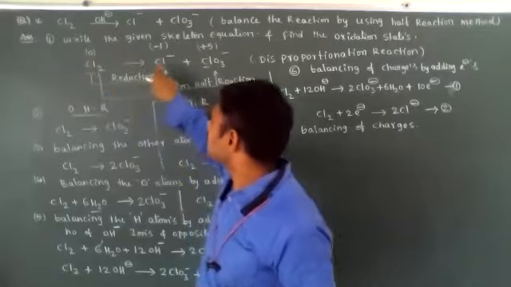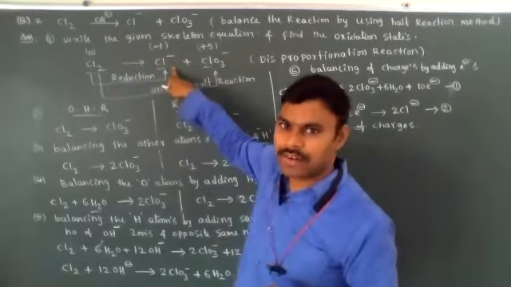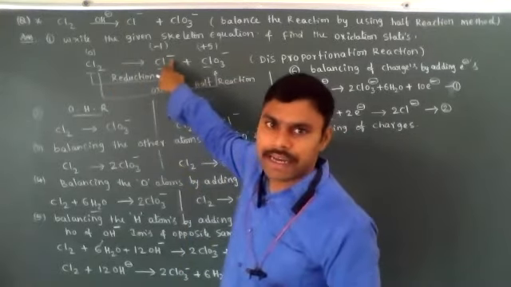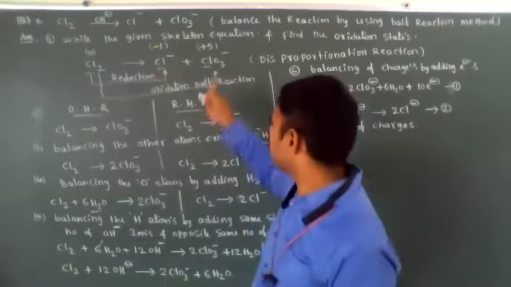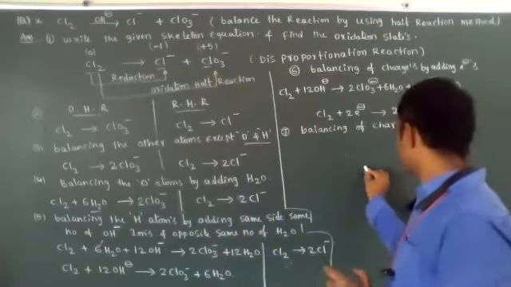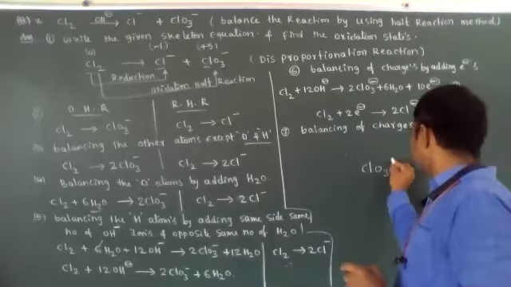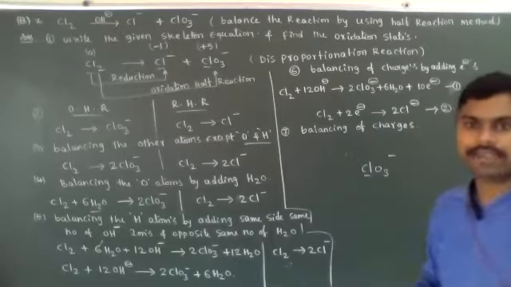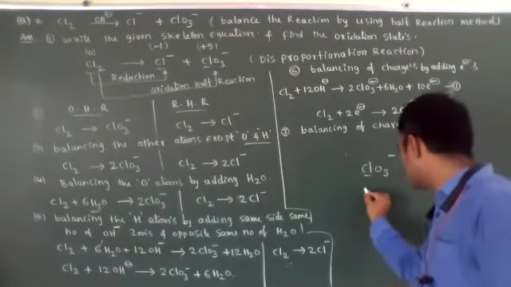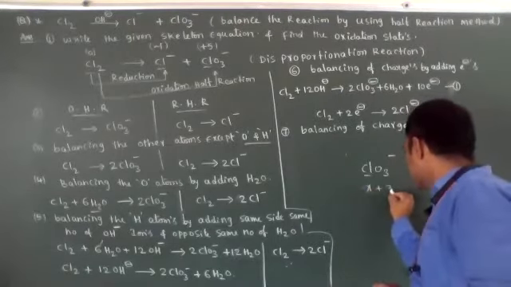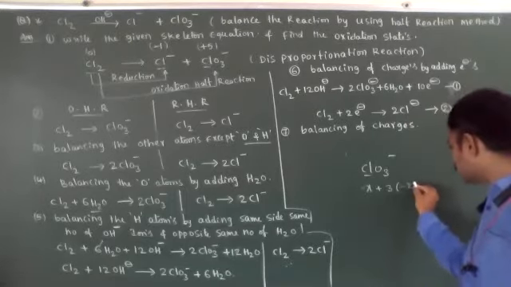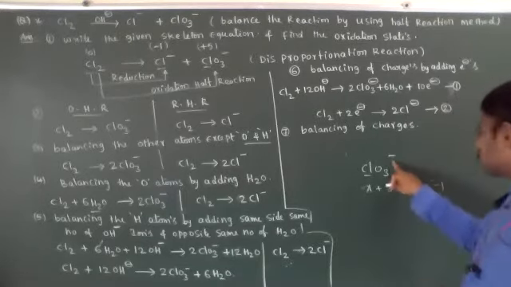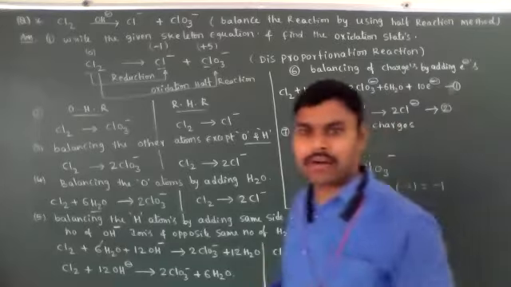Next, Cl minus is an ion. For ions, the oxidation number is its charge, minus 1. Now ClO3 minus. In ClO3 minus, the central atom is chlorine, its oxidation state we need to calculate, let it be X. Three oxygen atoms are present, each oxygen is minus 2, and the sum equals the charge because it is a polyatomic ion.